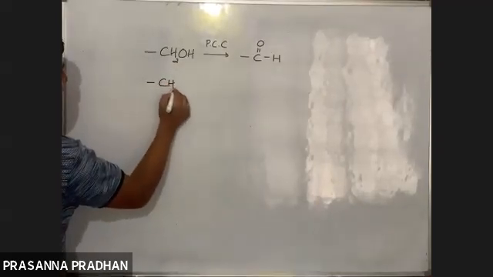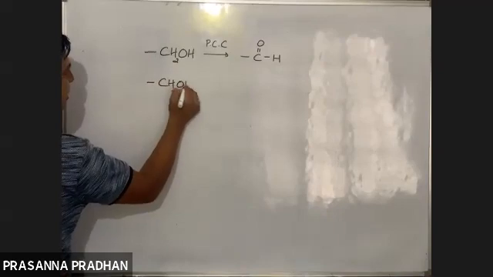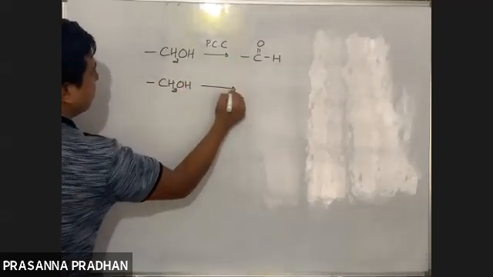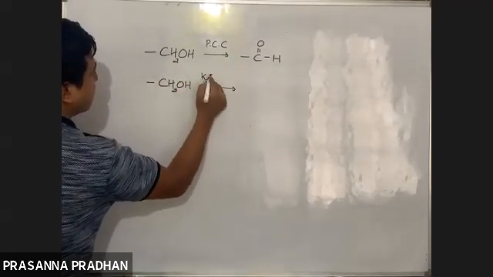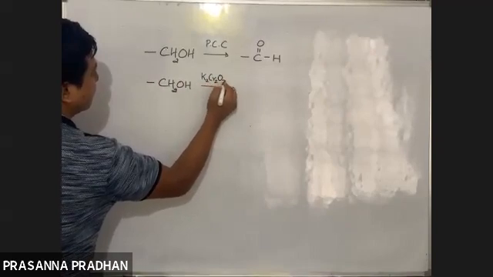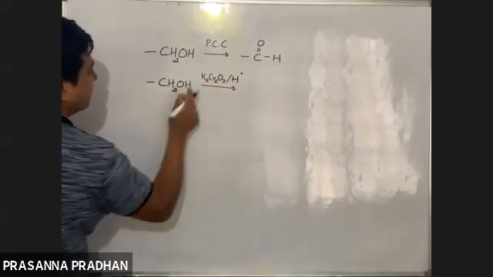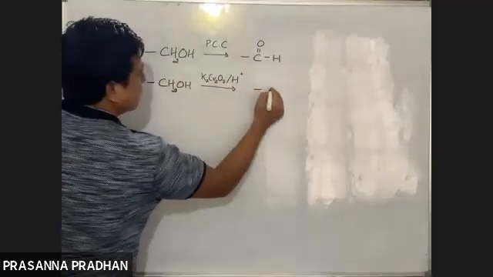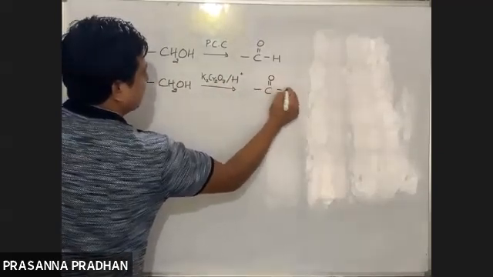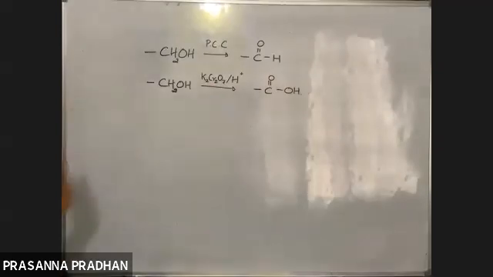However, when 1 degree alcohol, CH2OH, is treated with a strong oxidizing agent such as acidified potassium dichromate, it will get oxidized to the COOH group. But you need to remember this much, two lines: CH2OH to CHO with mild, CH2OH to COOH with strong.